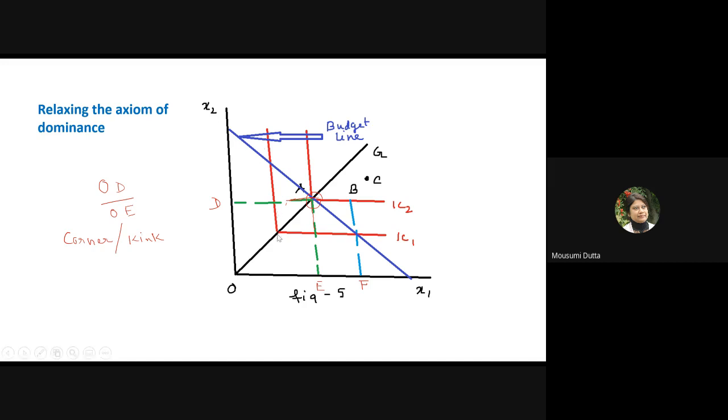Then you draw IC1 and IC2. The point where we are finding a point of contact between the budget line, the blue budget line, and the indifference curve IC2, we are calling this point A. At A, the consumer is consuming OE amount of X1 and OD amount of X2.